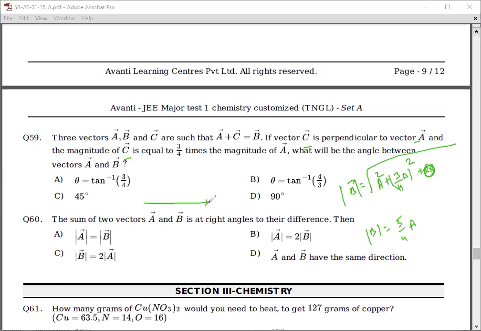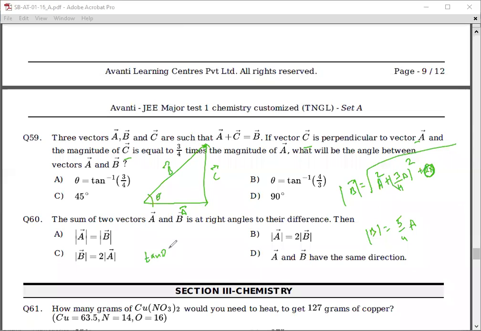This is A, this is C, then this is B ना? Common sense sir, right? So angle between A and B is this angle ना sir? This angle, right? हाँ या ना? Tell me. So what is this angle? What is tan theta?